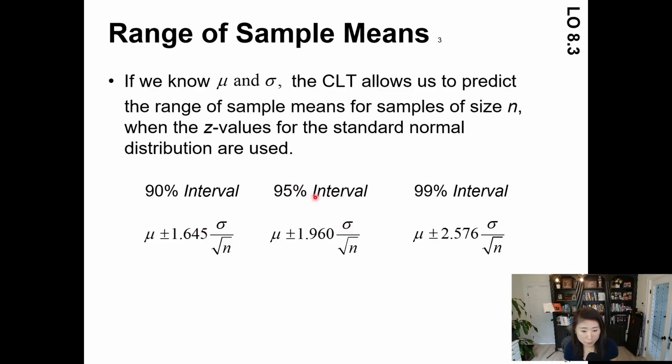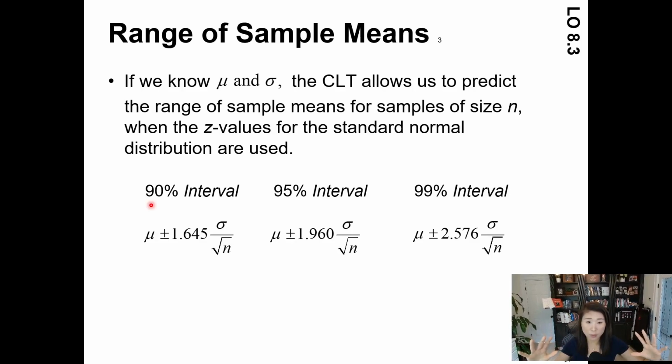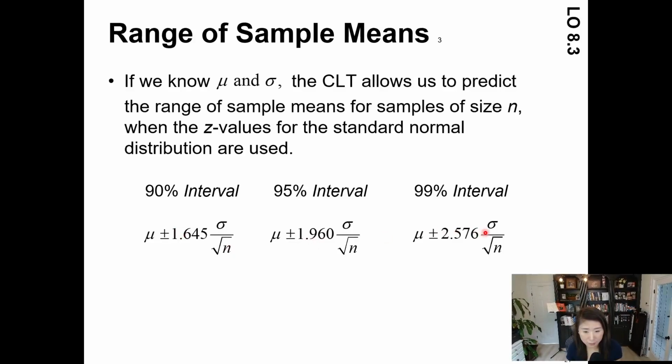For a 95% interval, the z value is 1.960. For a 99% confidence interval, we use 2.576. So depending on how wide an interval we're looking for, the z value changes. The 90% interval is relatively narrower, and a 99% interval will be wider. From 90% to 99%, the range becomes wider and wider, so the z-score gets larger and larger.